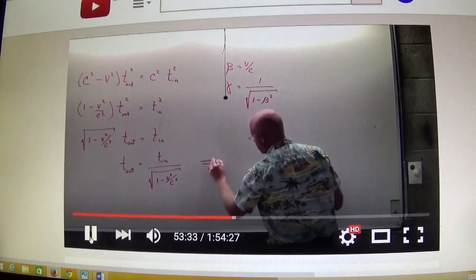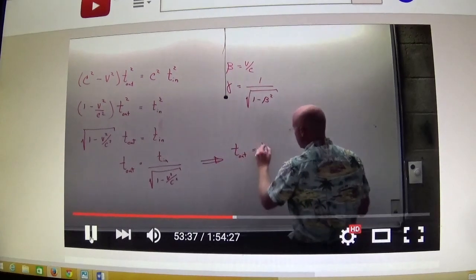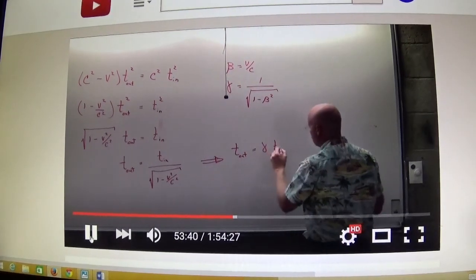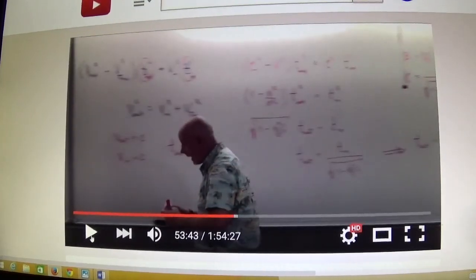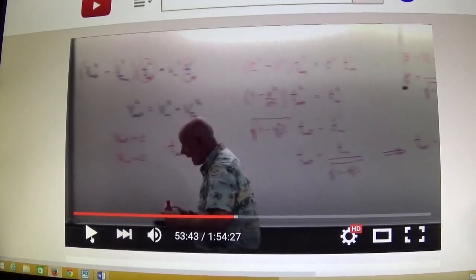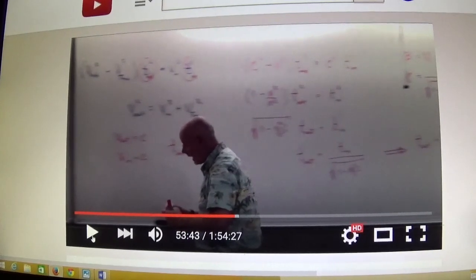And so this would become time on the outside is equal to gamma times time on the inside. So that's the time dilation equation. It's going to make it a bit more confusing now because you're going to talk about proper time and non-proper time. But that's basically the equation.